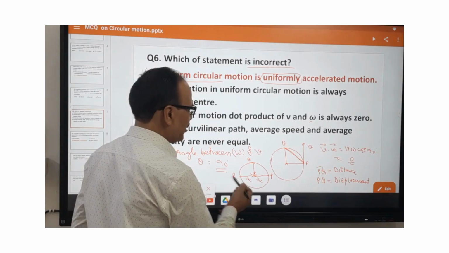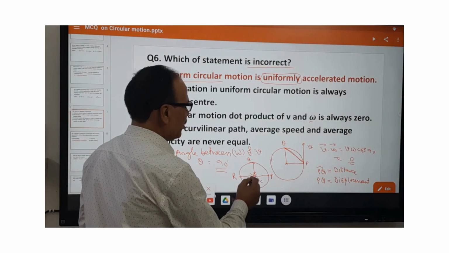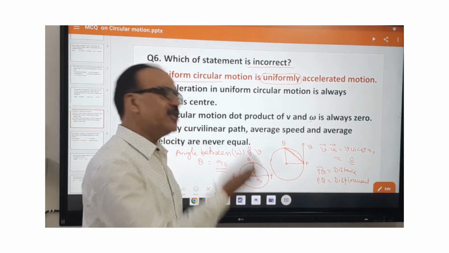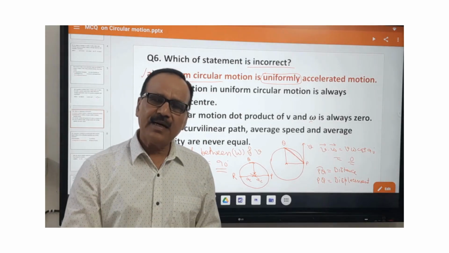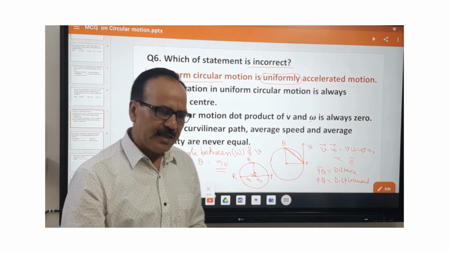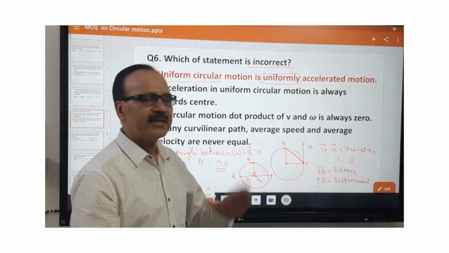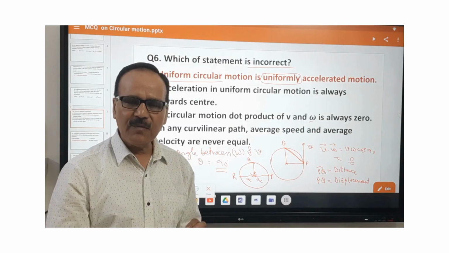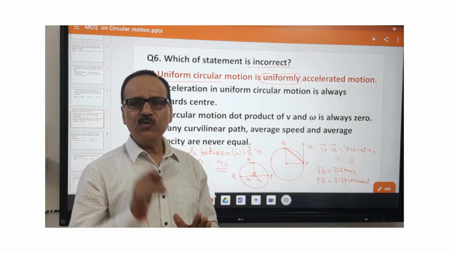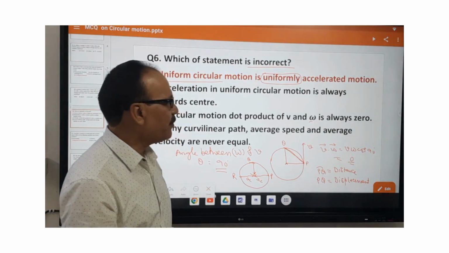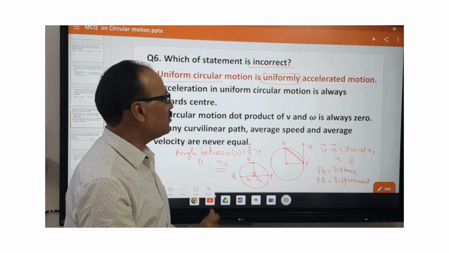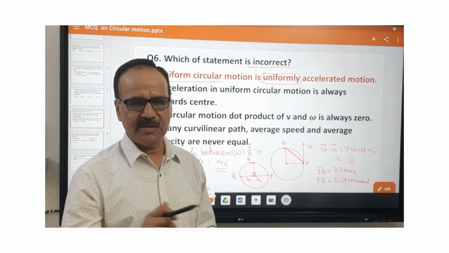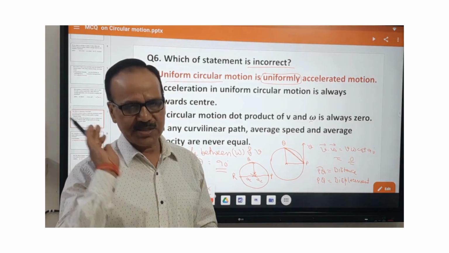At point P, it is towards left. At point Q, it is towards downward. And at point R, it is towards right. So the direction of the centripetal acceleration keeps on changing. That is why it is not the case of uniformly accelerated motion. It is only the case of accelerated motion. So uniform circular motion is accelerated motion, not uniformly accelerated motion. In uniformly accelerated motion, the magnitude as well as direction must remain constant.